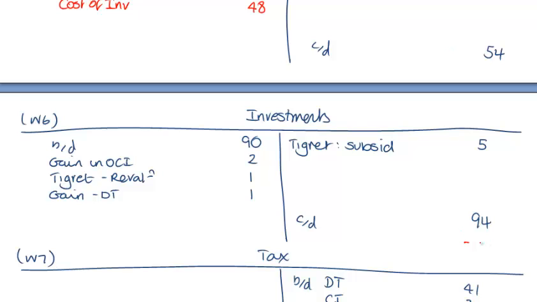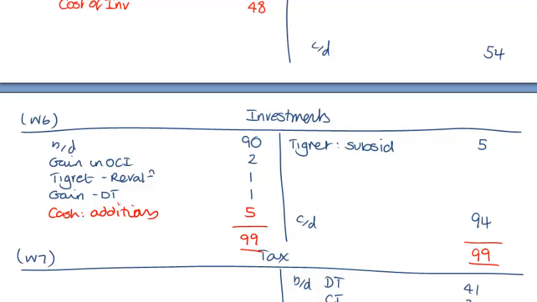If we look at investments, credits come to 99, therefore debits must also come to 99, balancing figure of 5, cash additions. We've gone out and we've bought some shares during the year.